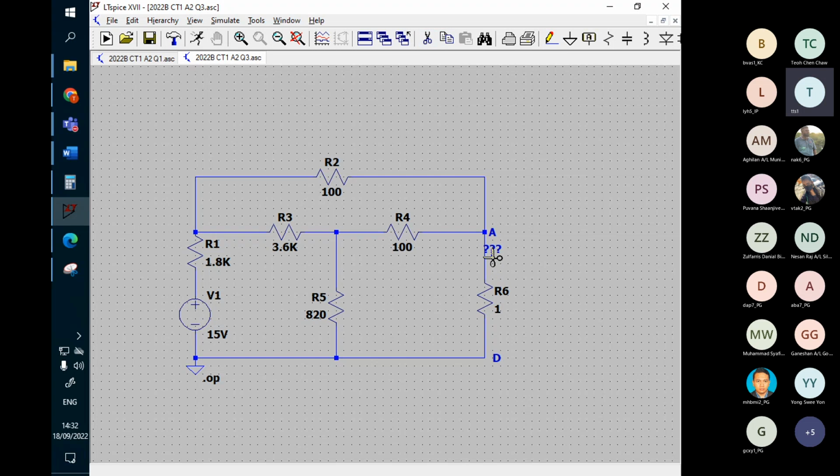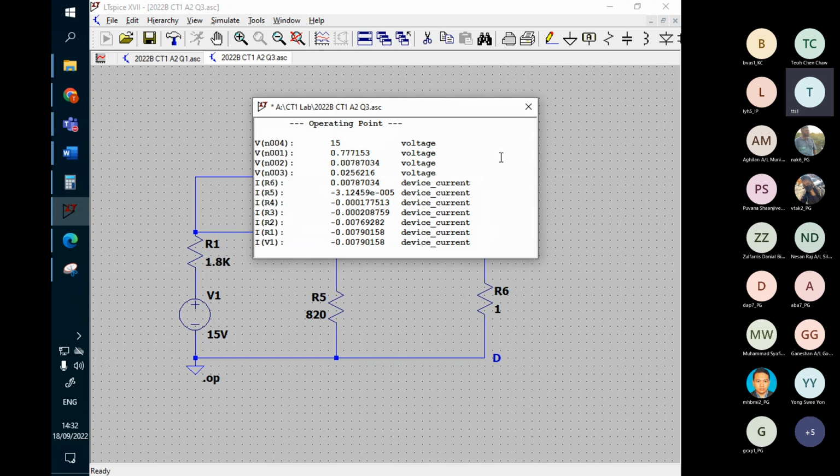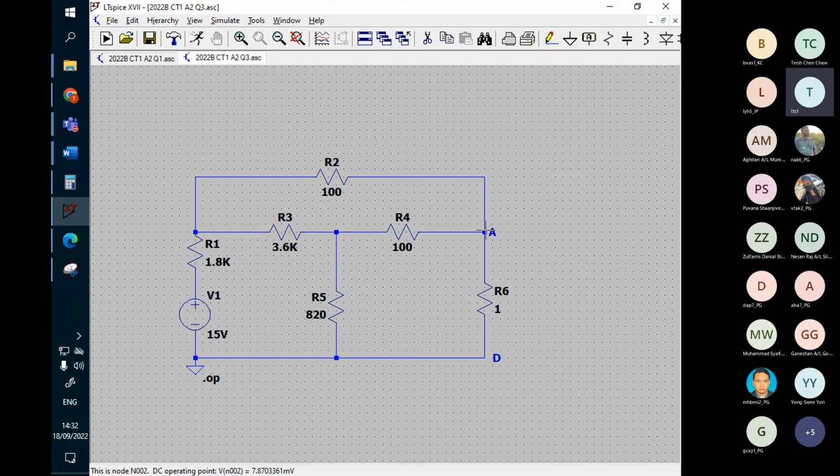Let me try this method first. Let me remove this one and click here again. Run and click on terminal A. So I have a different value now. Let's press F7 to move it to a better place. This is what happens when it's out of position.